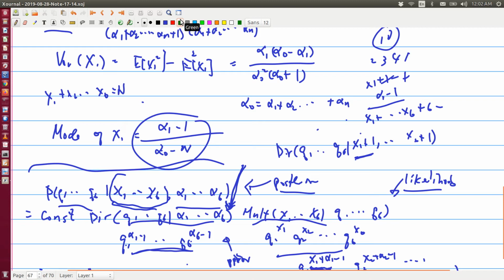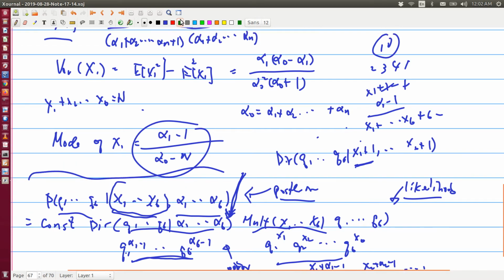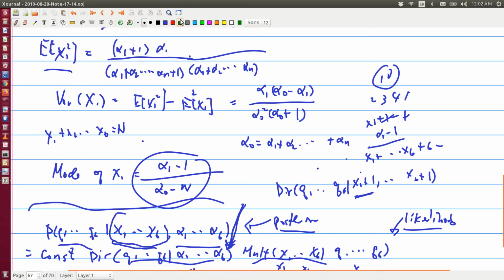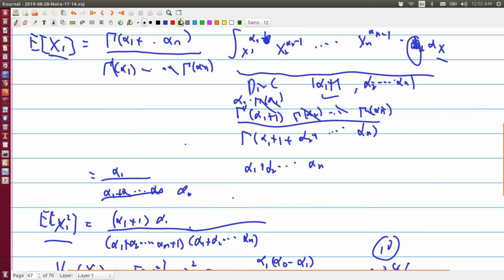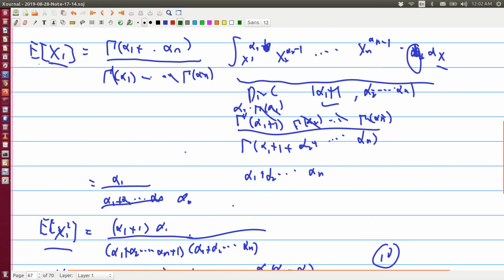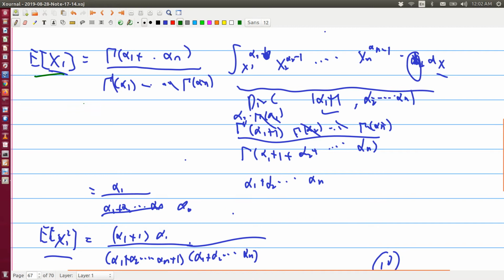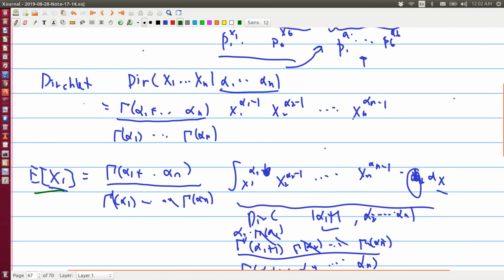Basically, just before that, we were looking into the Dirichlet distribution, and we tried to compute the mean and the variance. For the Dirichlet distribution, we have hyperparameters alpha 1 up to alpha n, and the variables are x1 up to xn.